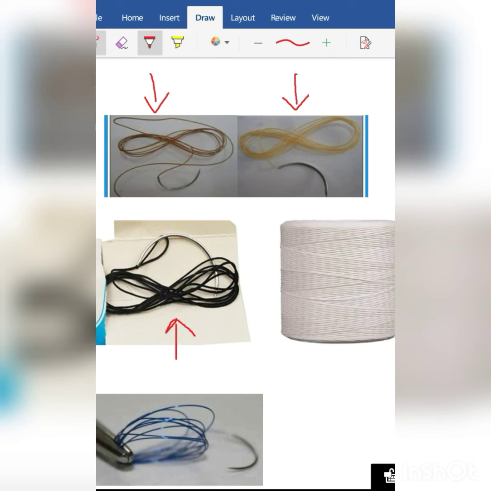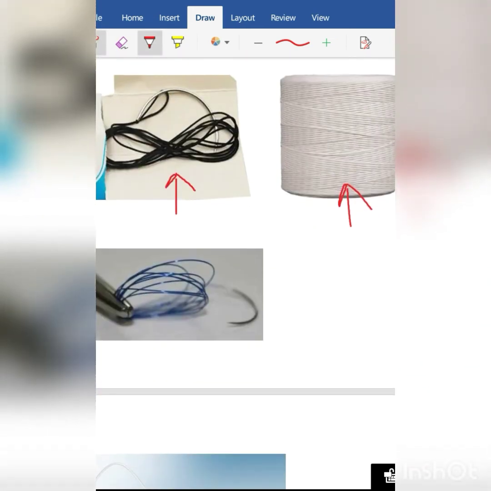Black is the black silk shirt, so black is silk suture. Which is this suture? It is white. Remember the white cotton jeans? So it is cotton suture. Which is this one? This is blue. Blue is Neela. Remember polypropylene, Neela. So this polypropylene is blue.